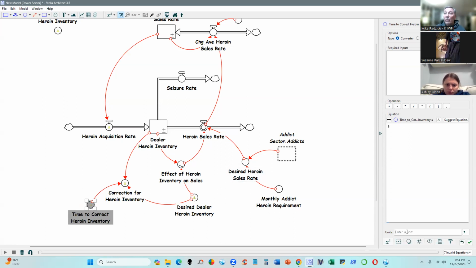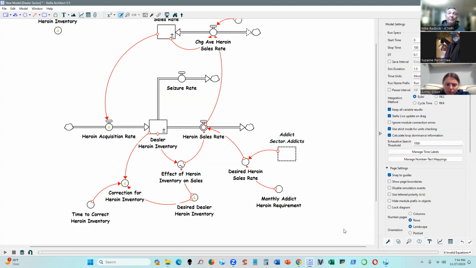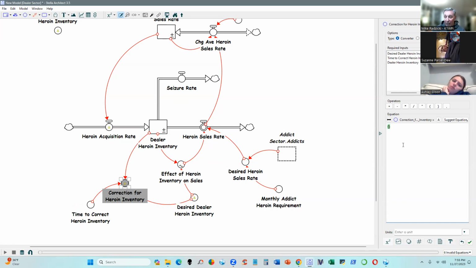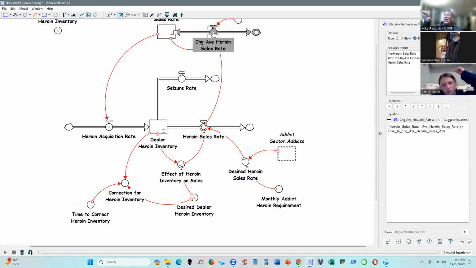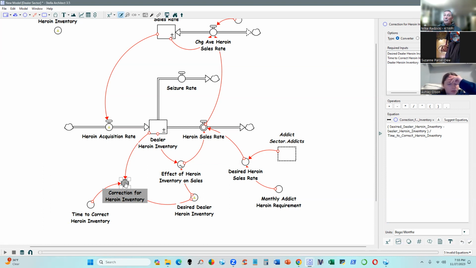So we'll make it something like 3 months. And the equation here, not surprisingly, is desired target minus stock divided by tau. So it's the exact same thing, right? Same thing over here. Target minus stock over tau, molecule number 3. Over here, target minus stock over tau, molecule number 3.